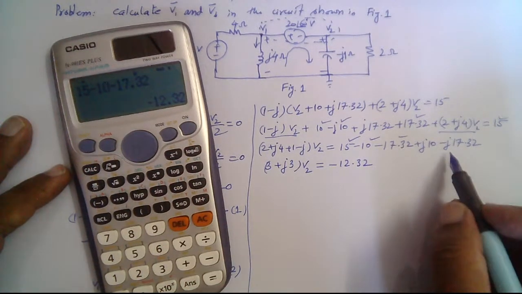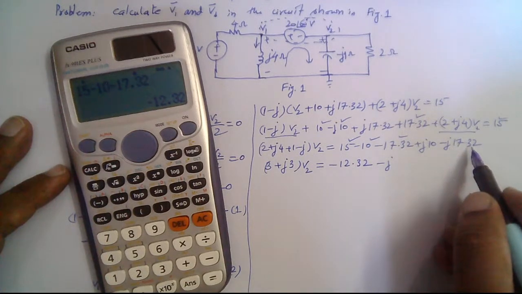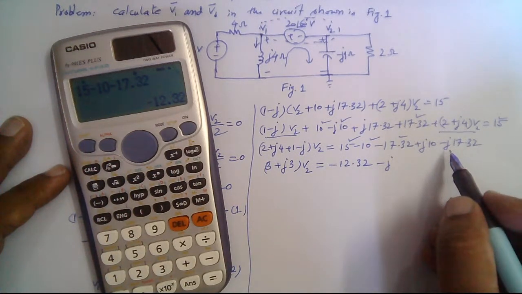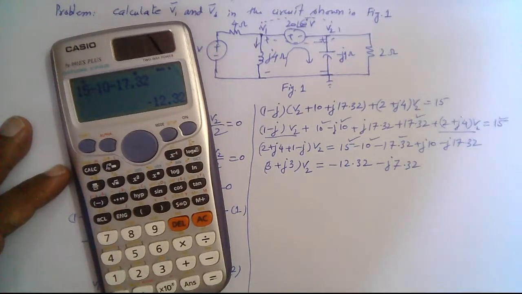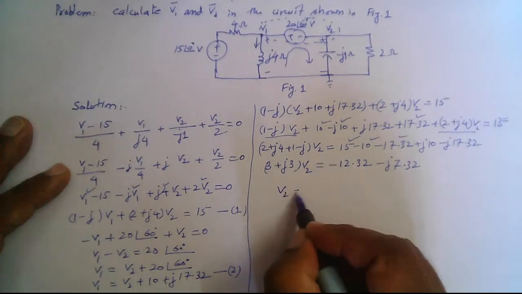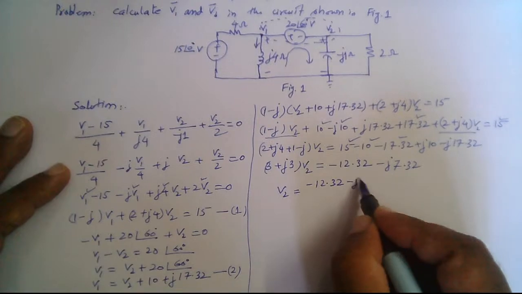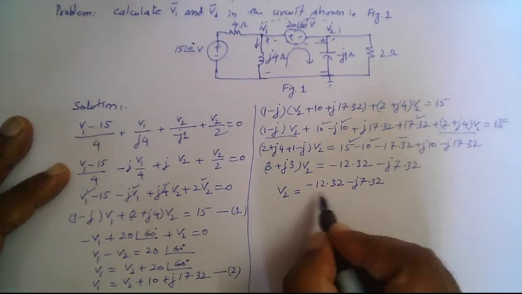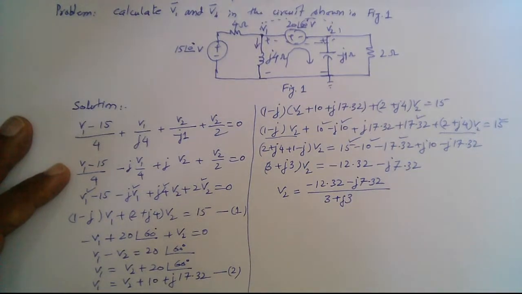And then we have minus j10 minus j17.32 plus j10. So that will be minus j7.32, right? So V2 is now given by minus 12.32 minus j7.32 divided by 3 plus j3.